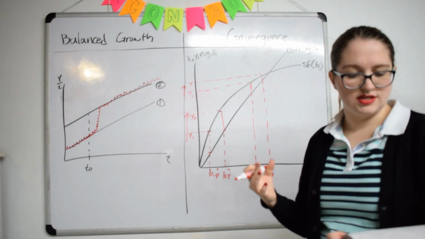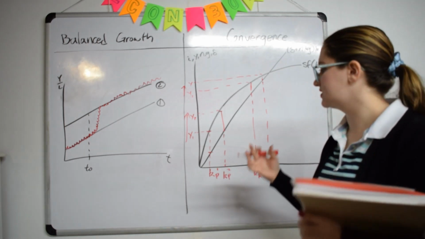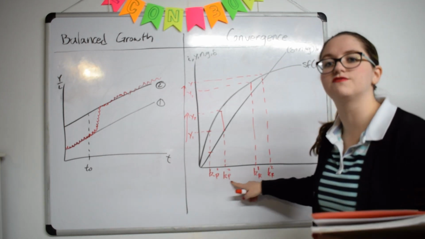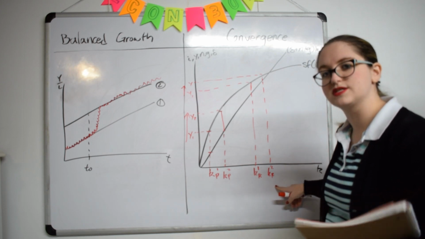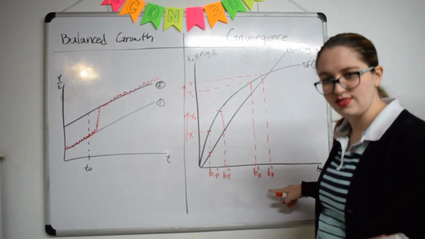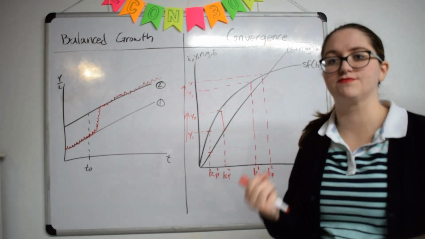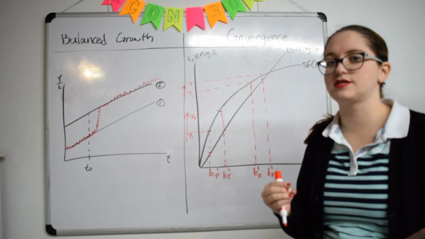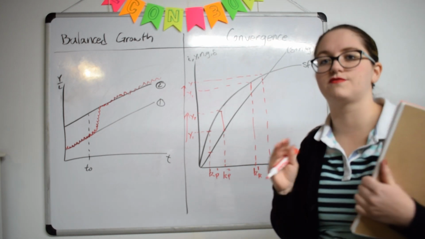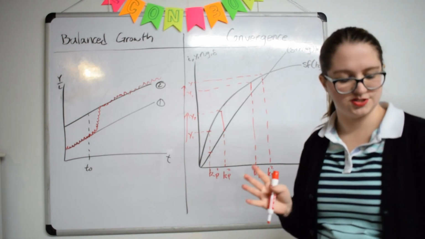Now this is eventually going to allow the poor countries to converge towards the rich countries. And these are two different types of growth. We talked about these towards the very beginning of the Solow Growth Model section.